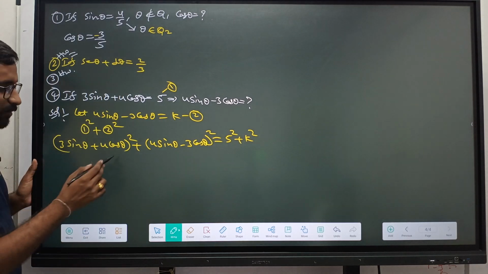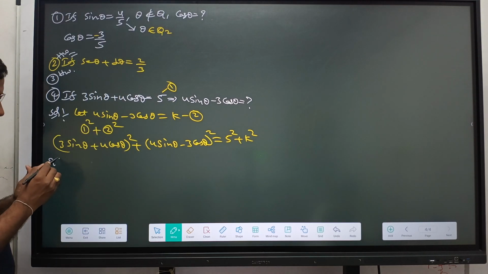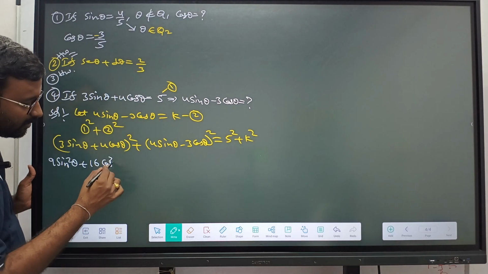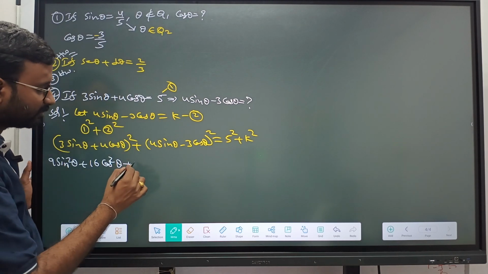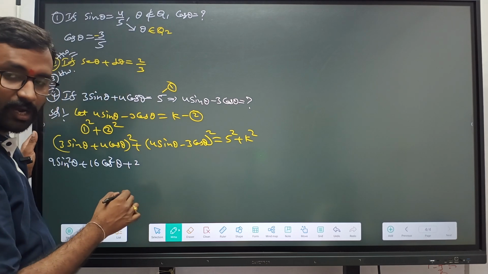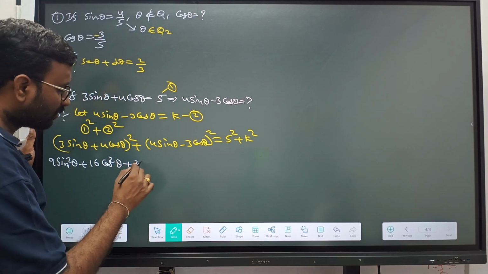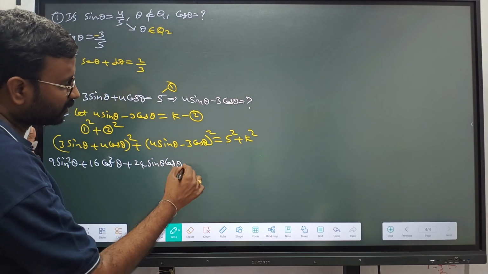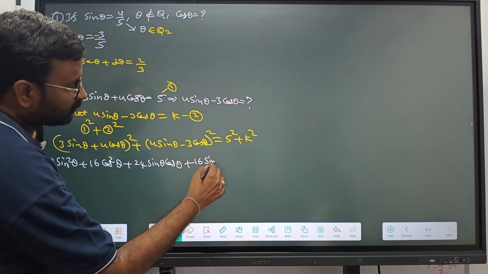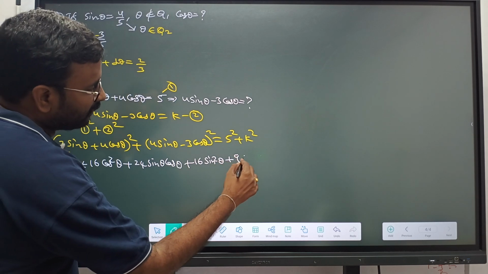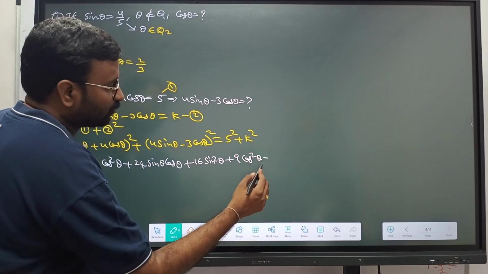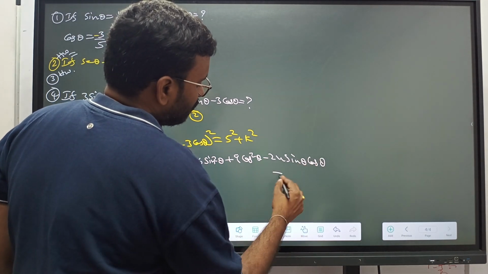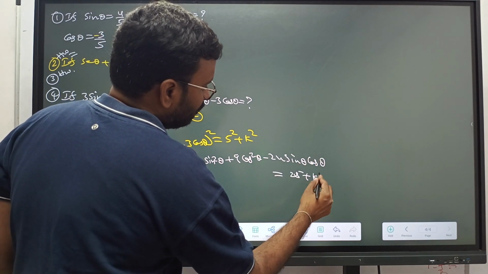Now a plus b whole square, a square 9 sin square theta plus 16 cos square theta plus 2ab, 2 into 4 is 8, 8 into 3 is 24 sin theta cos theta. Again a minus b whole square, a square 16 sin square theta plus b square 9 cos square theta minus 2ab 24 sin theta cos theta is equal to 25 plus k square.